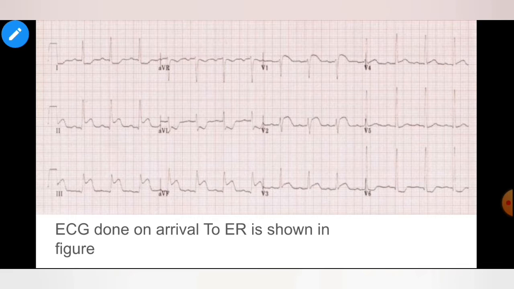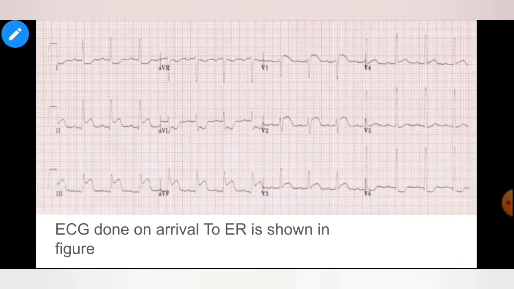Next thing is to look for axis deviation. You can calculate the axis by looking at lead 1 and aVF. If the QRS complexes are predominantly positive in both lead 1 and aVF, then yes, you are looking at the normal axis.